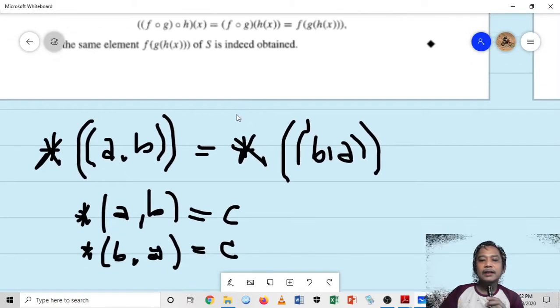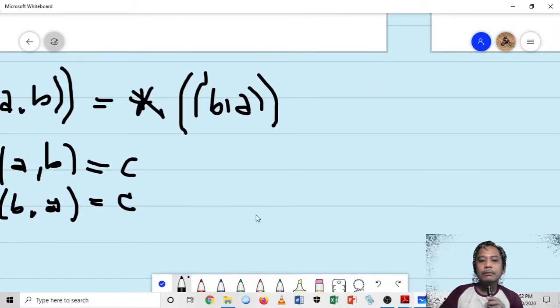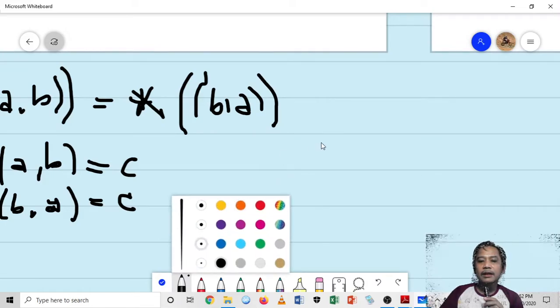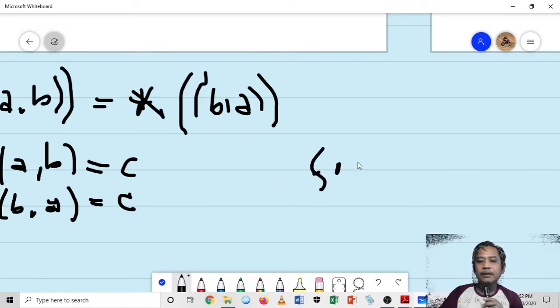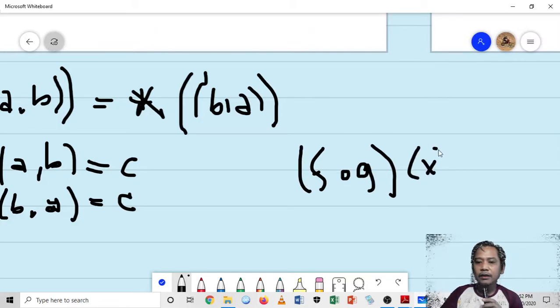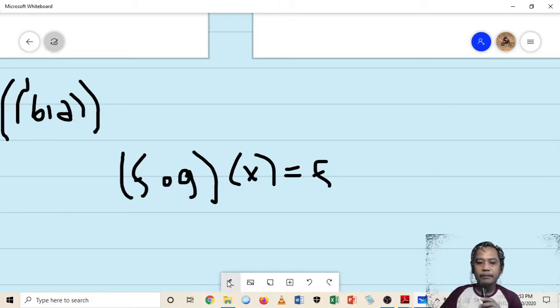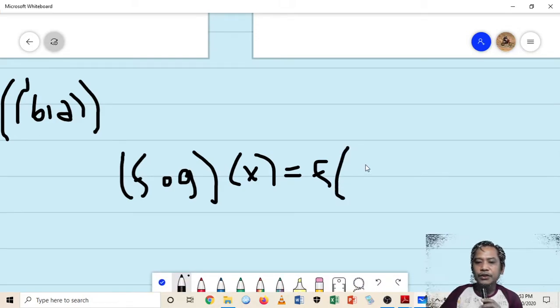Recall that when we say composition of functions, we define, let's say, f circle g of x as f of g of x.